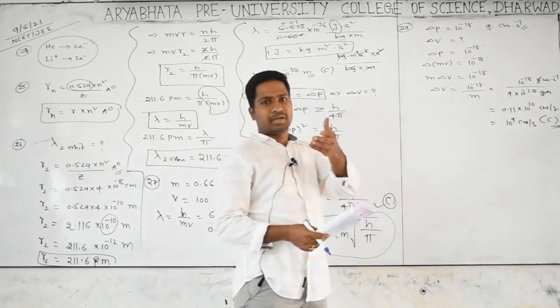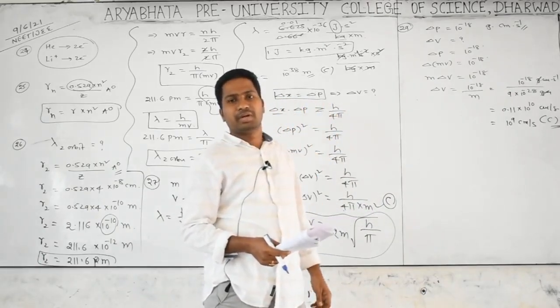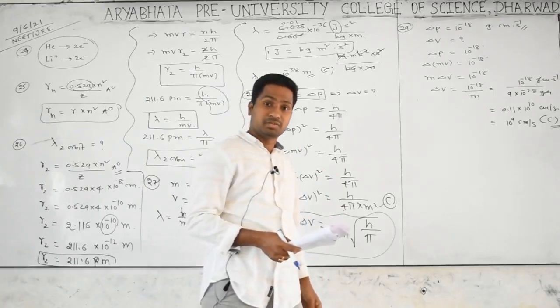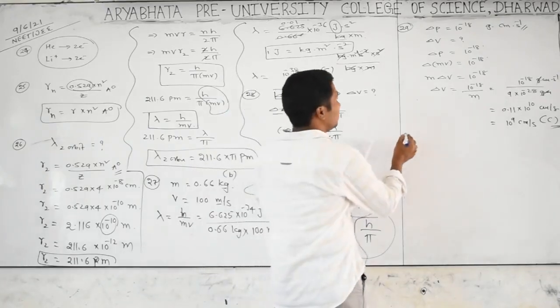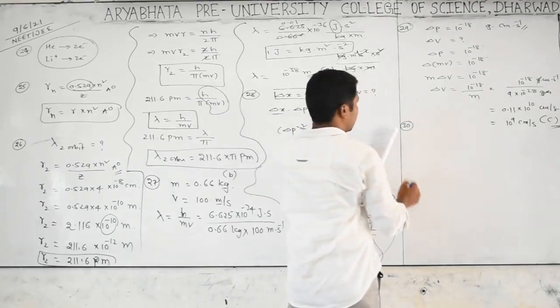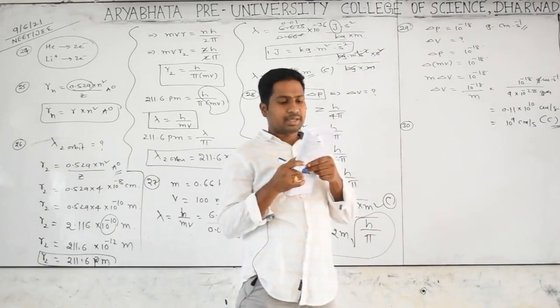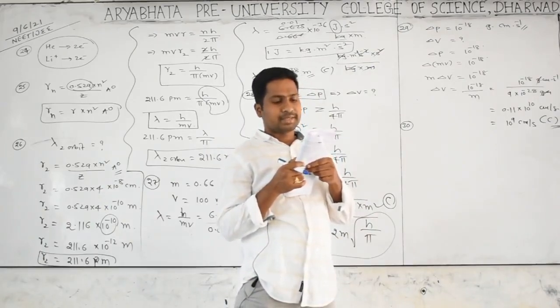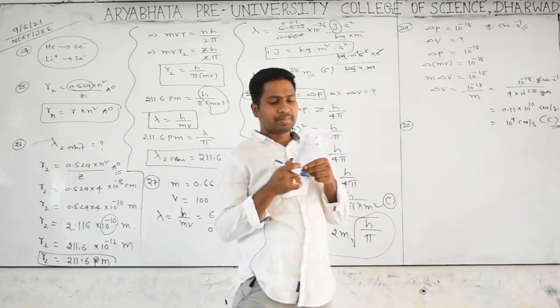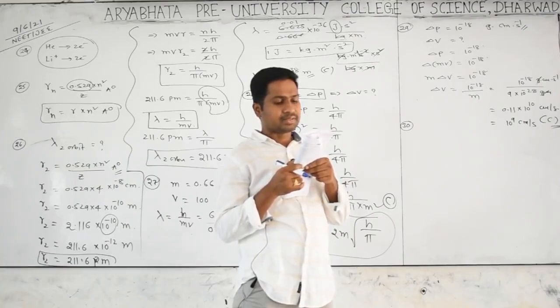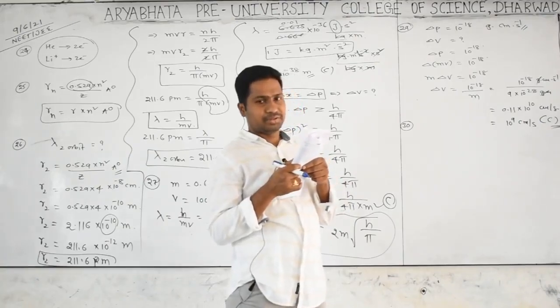but we know the mass of the particle. Even if it isn't given, we know it is 9.1 into 10 to the power of minus 31 kgs, or minus 28 grams. Question 30, see carefully. The mass of the electron is given, and Planck's constant is there. The uncertainty involved in the measurement of velocity is within a distance of 0.1 angstrom units.